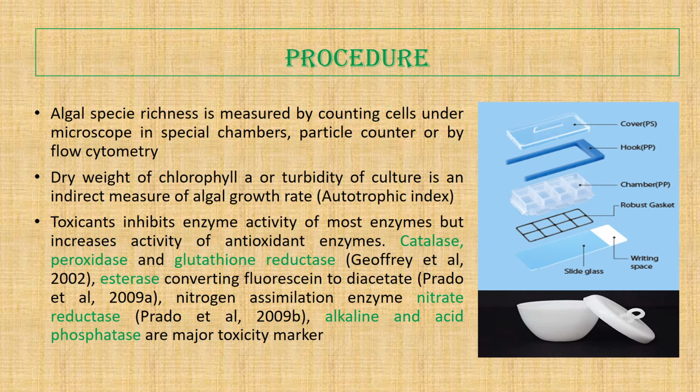After collection of the algal samples, we should analyze them either by species composition, or by how stress is affecting the metabolism of the algae. To determine species composition, we can study them in slides or a special chamber, or, very cost effective and less time consuming, by using a particle counter or a flow cytometer, which is a very fast process.